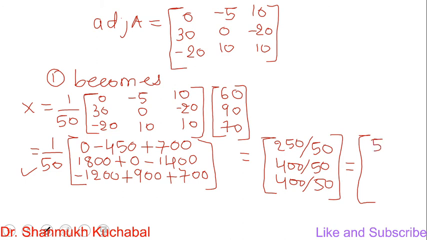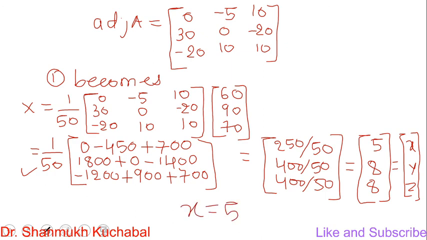Then 400 divided by 50 is 8. Next this is also 8. So this represents the X, Y and Z values. So we get X equal to 5, Y equal to 8 and Z equal to 8. So this is the solution of the system of linear equations.